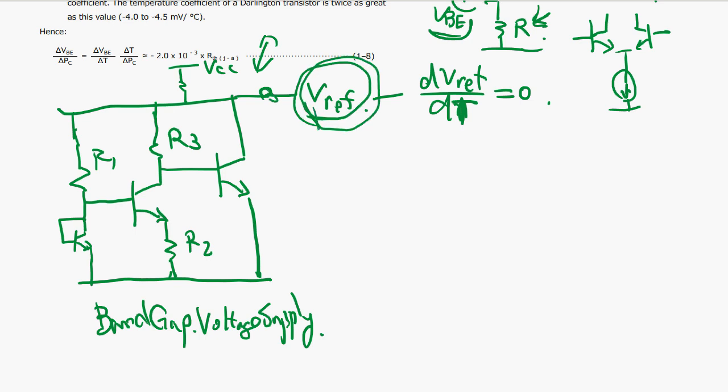We have to understand this design, and that's what I'm going to talk about, so that you can get a good idea of analog design. Okay, now here what we do is we set parameters I1, I2, and I3.